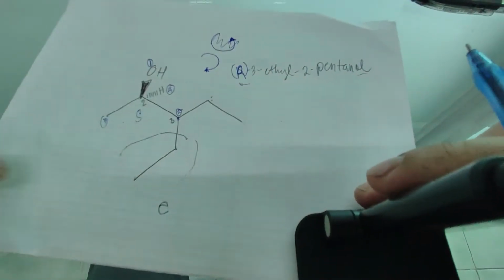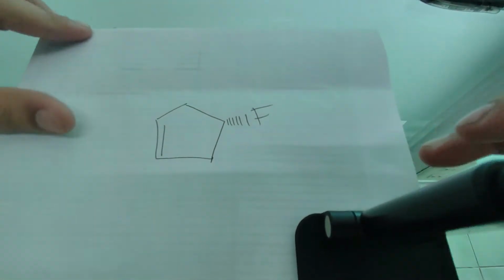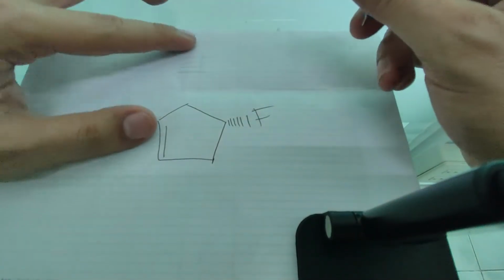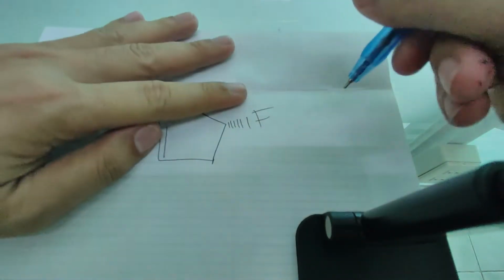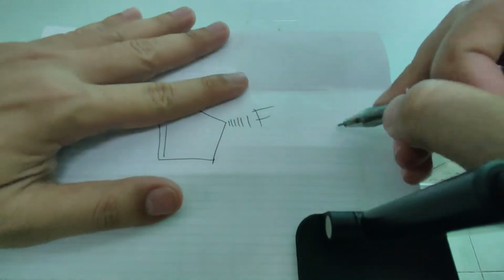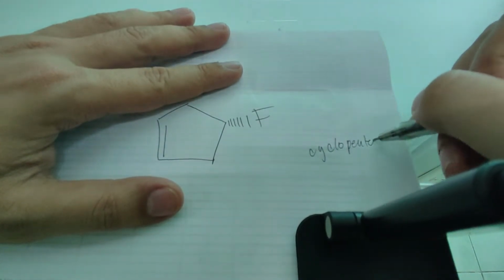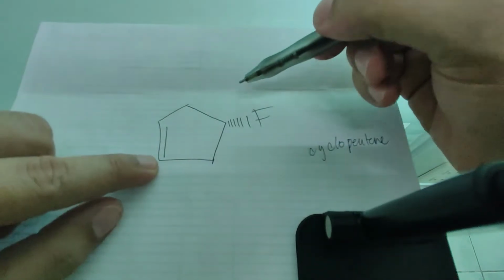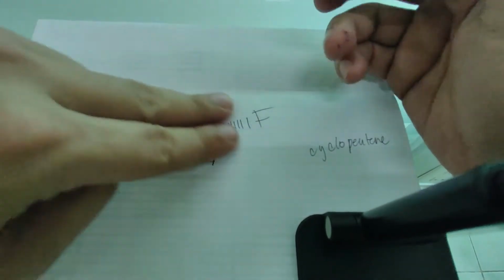Alright? Next example. We have a cyclopentene and a fluoro molecule. So that is our parent name right away: cyclopentene.